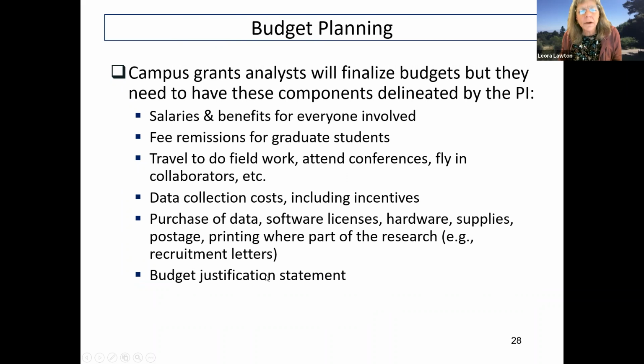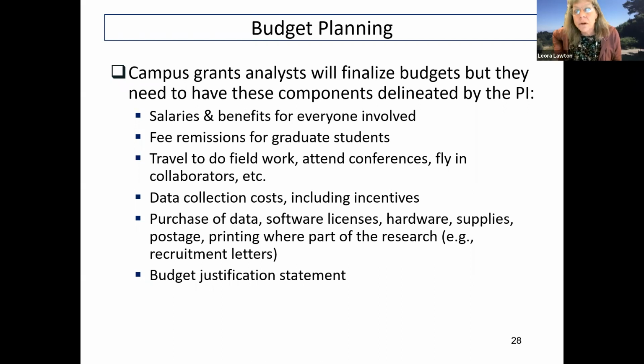Think of everything that could go into it. And if you're writing a research grant where the budget isn't limited to specific categories, everything that goes into it: salaries and benefits, fee remissions for the grad students. Some people I see forget that. Travel to do the work, attend conferences, flying collaborators. Like, do you want to go to 2 conferences a year?